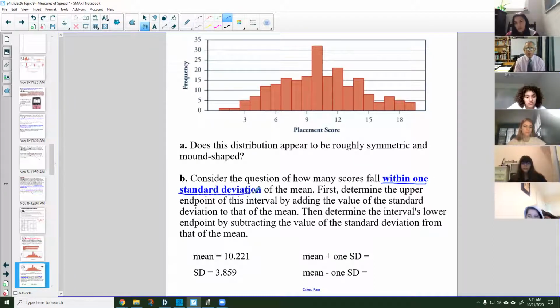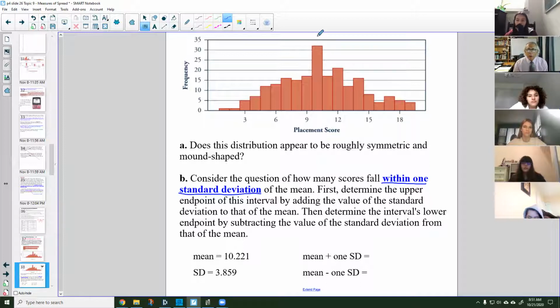So we're going to give standard deviation a little bit more of a meaning right now. They're telling us that the mean score was 10.221. So here's your 10s.